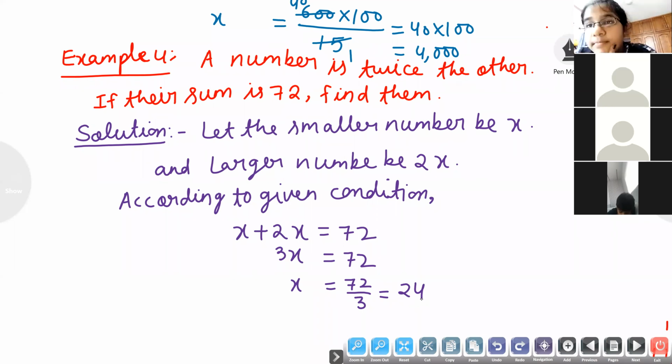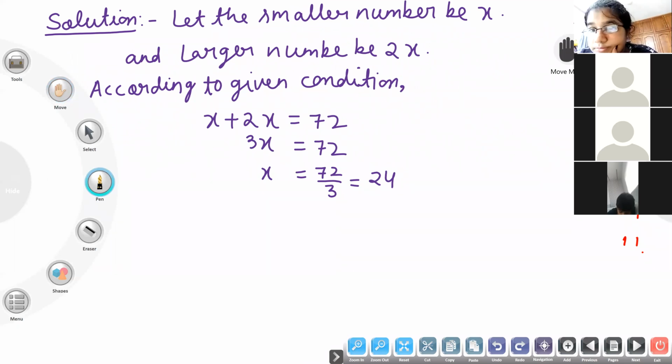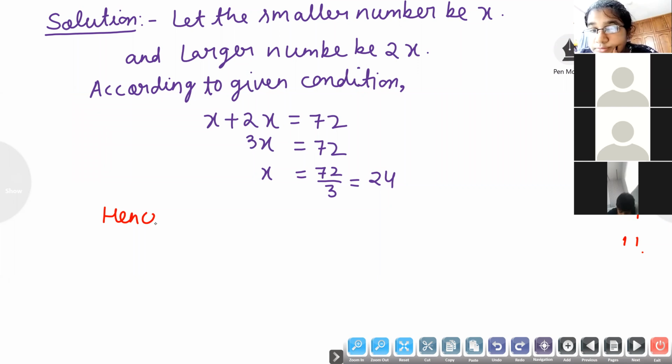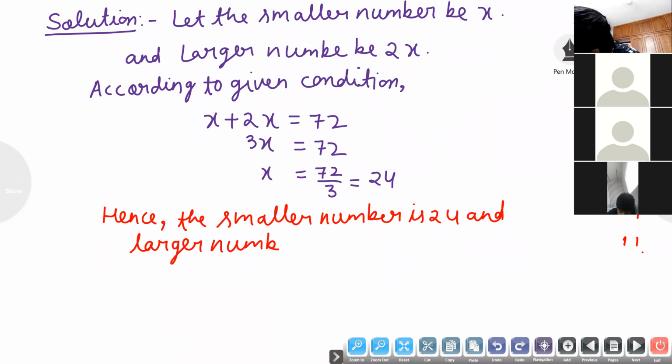Hence, the smaller number is 24 and the larger number is 2x, means 2 into 24, 48. I hope, students, you are getting my point.